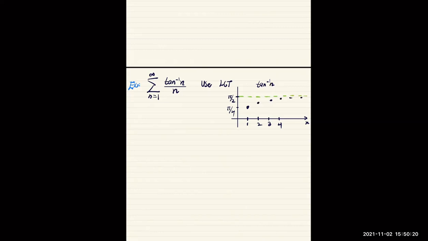Okay, graph of tangent inverse of n. Let me do it in blue. Right there. So what we know about tangent inverse is that it's asymptotic to pi over 2.